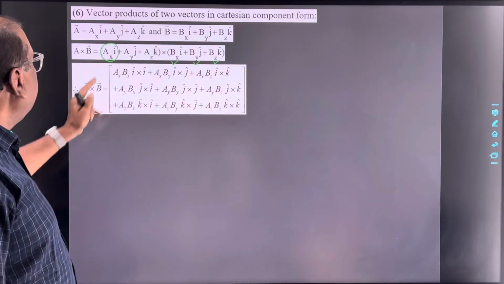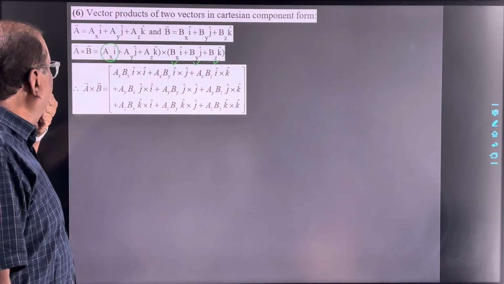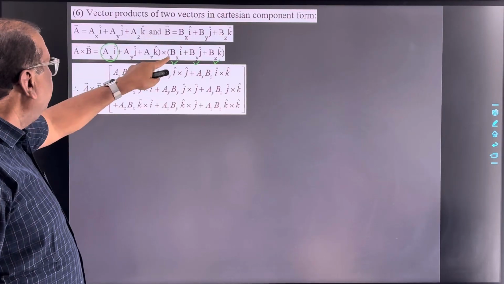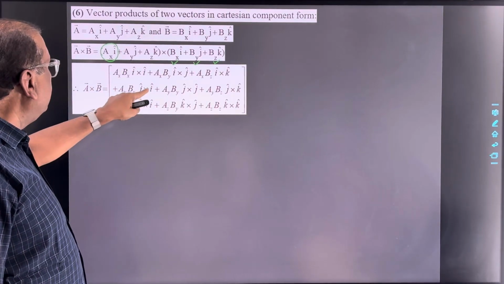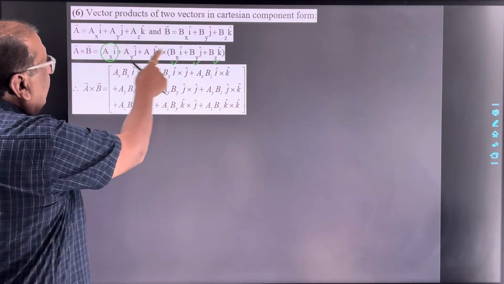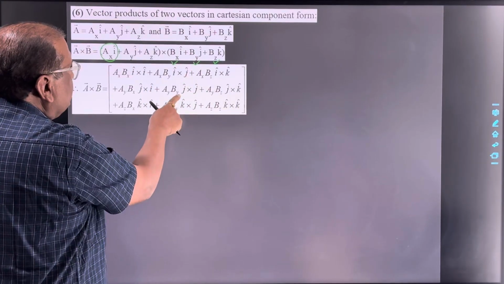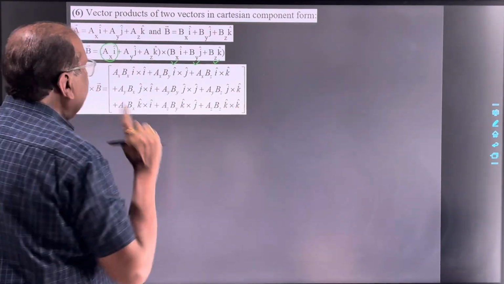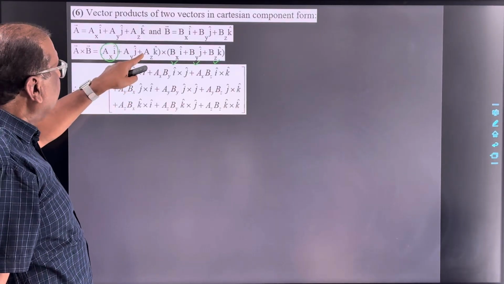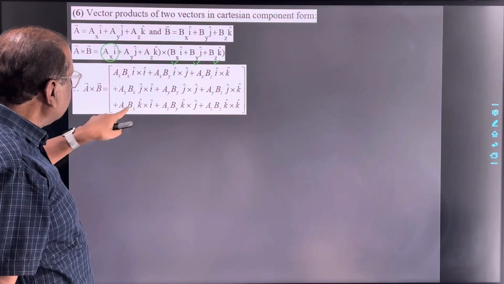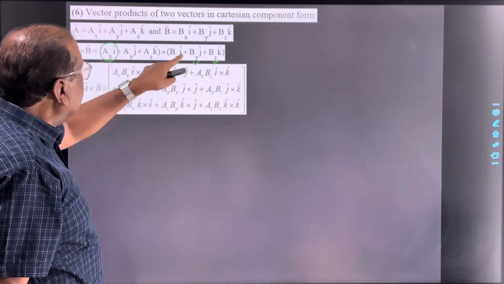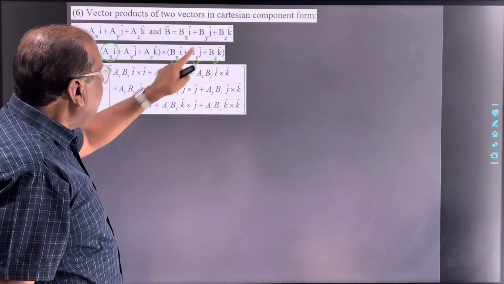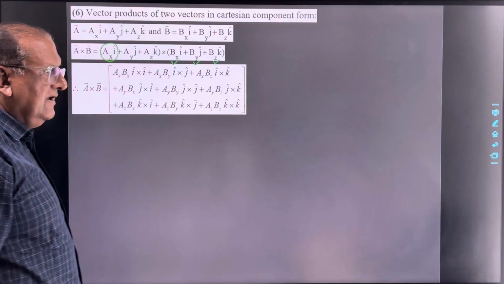Then, sorry, second one, ay bx j cross I, then ay by j cross j, then ay bz j cross k, then third one, az bx k cross I, az by k cross j, az bz k cross k.